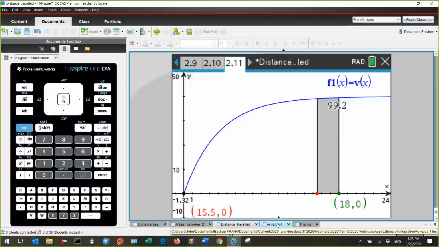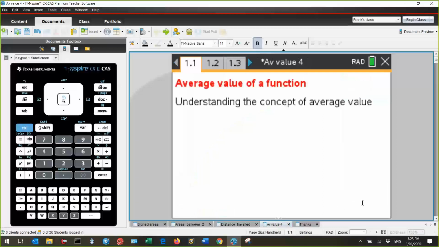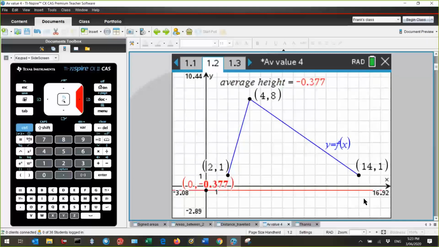Okay, so the last application is average value of a function, and the formula is very easy to use, so I'm going to concentrate instead on understanding the concept of average value. So I'll start off with a pretty obvious example. This time I've got this hybrid function, which is a linear increasing function followed by a decreasing function. The minimum value is 1, the maximum value is 8.